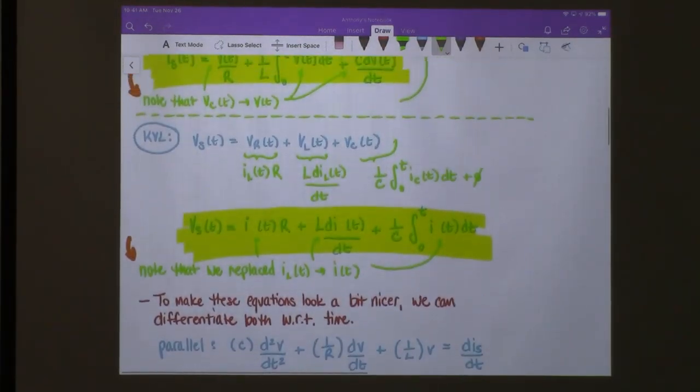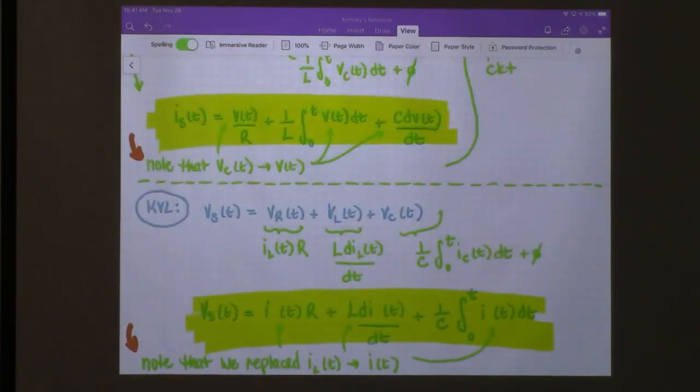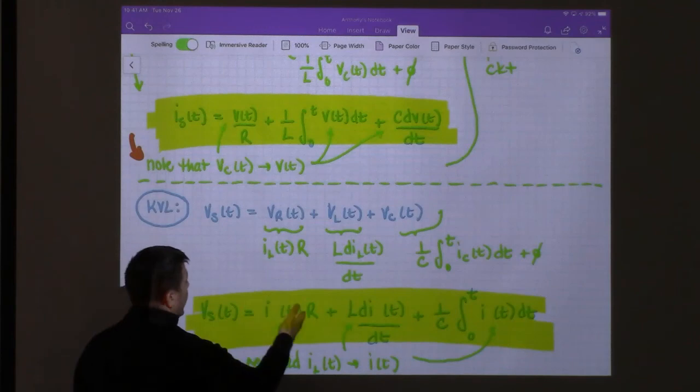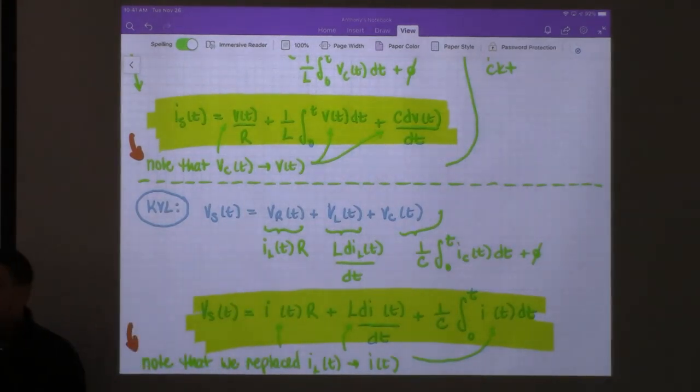And so what we end up with, you can see them both on the screen here, is two second-order differential equations that have a very similar form. If you replace I with x(t) and v with x(t), they have the exact same form, right?